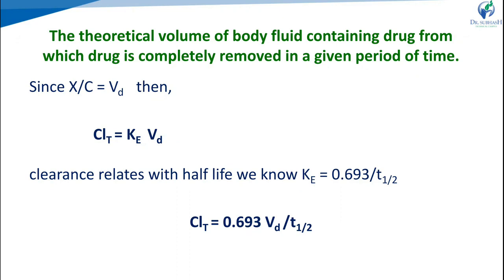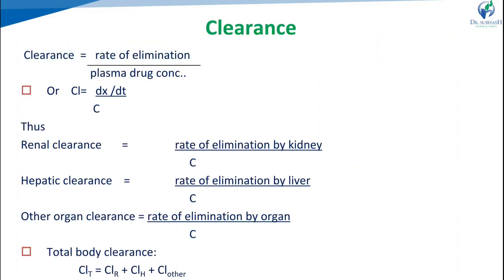From the previous equation, T1/2 is equal to 0.693 upon K. So clearance is equal to 0.693 into Vd upon T1/2. So we can interconnect clearance, volume of distribution and half-life. We can find any of the primary pharmacokinetic parameters, like clearance, volume of distribution and T1/2, from these equations.